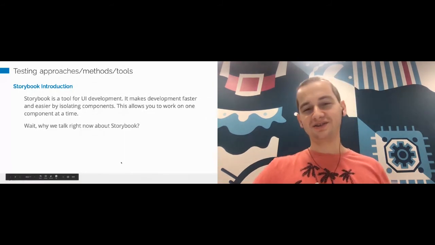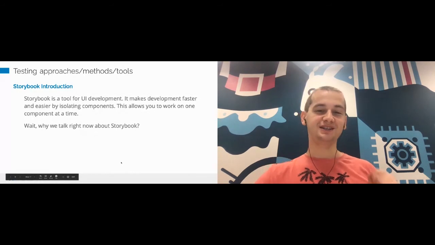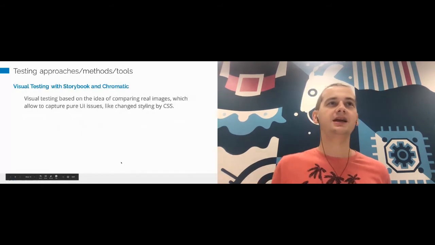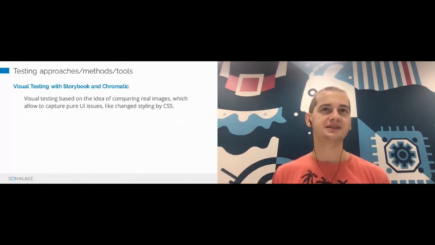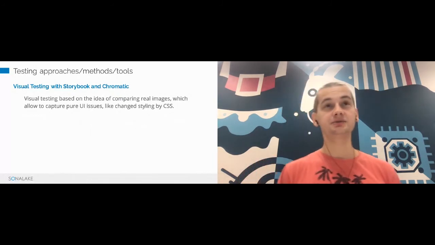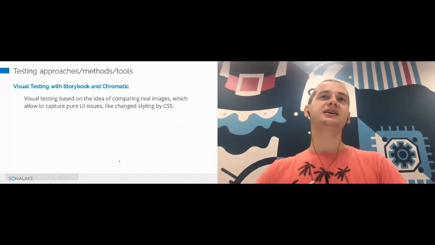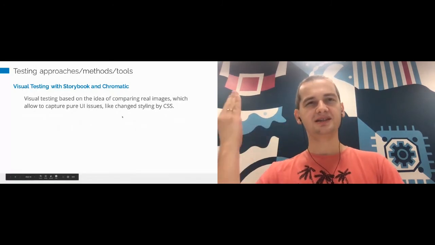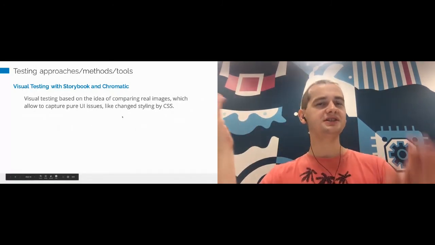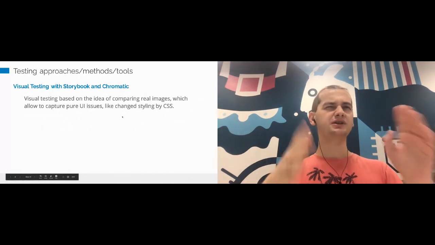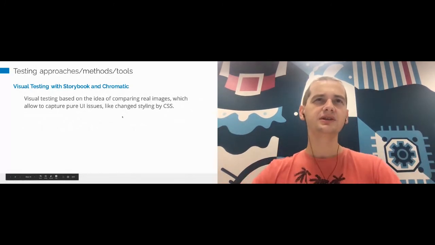The reason for this is that I want to show you visual regression, visual testing. And it's extremely easy to do with Storybook and Chromatic. For me, just setup took a few minutes. Chromatic is another service for actual visual testing. It has very good integration with Storybook.